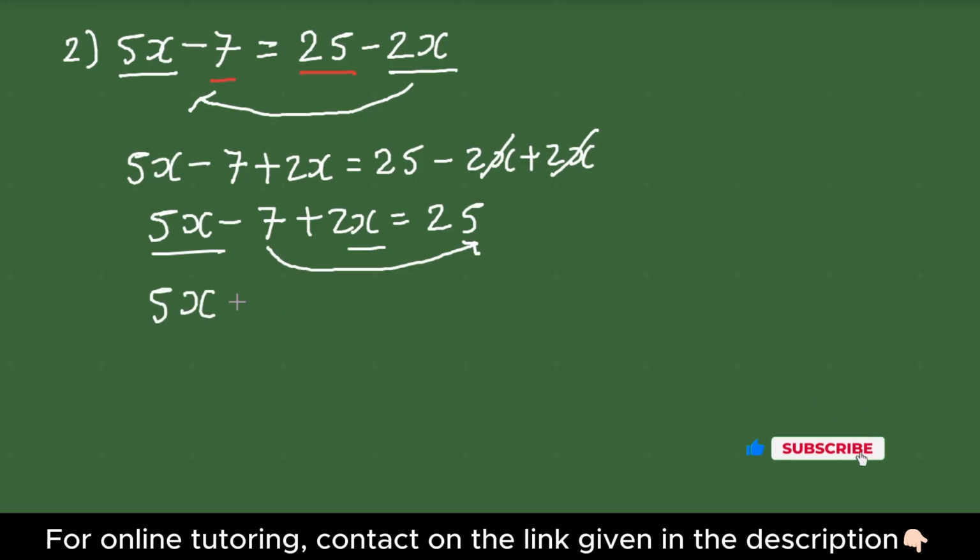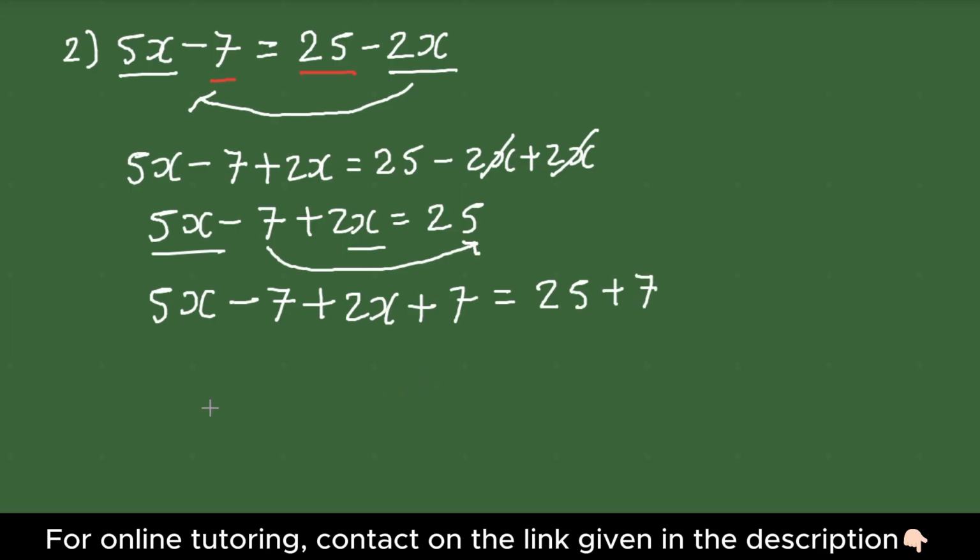So plus 5x minus 7 plus 2x as it is. Let us add 7 on the left side. Since we have added 7 on the left side, we have to add it on the right side as well. So now on the left side, you can see that minus 7 plus 7 will be 0.